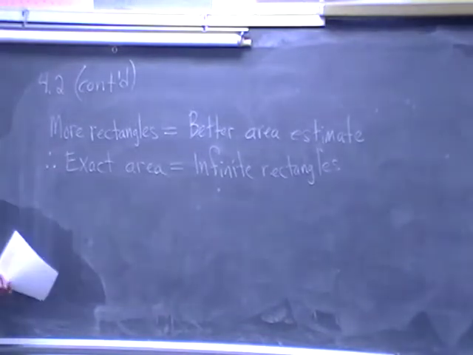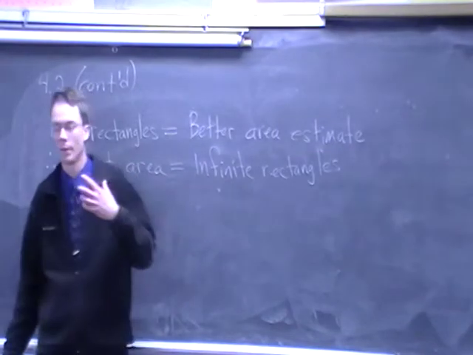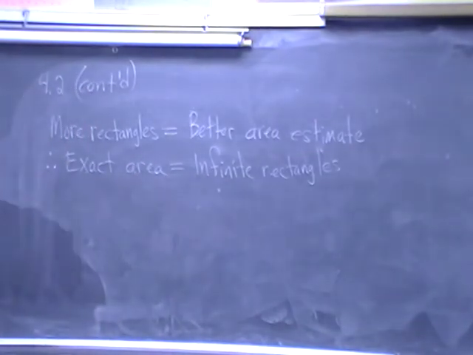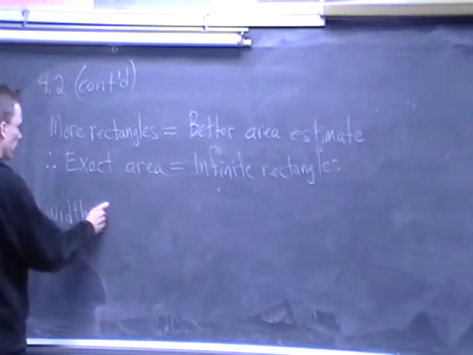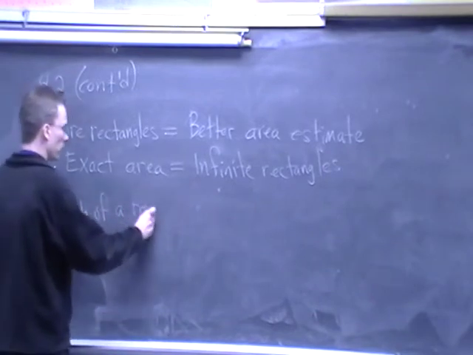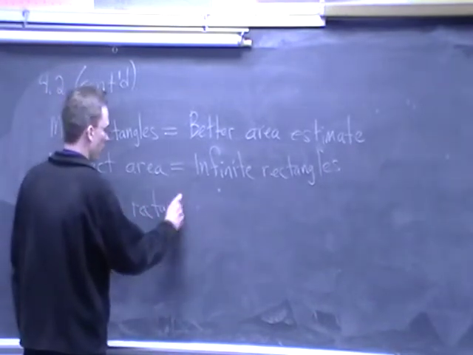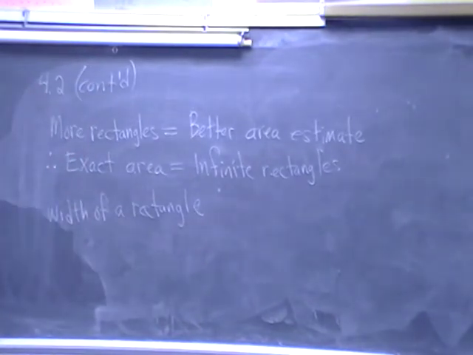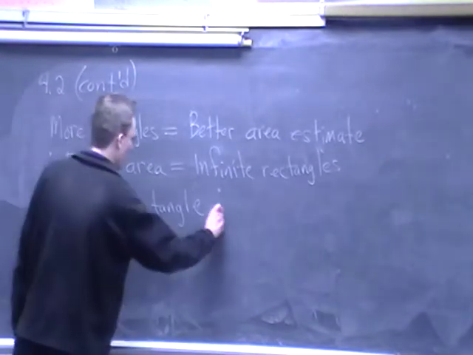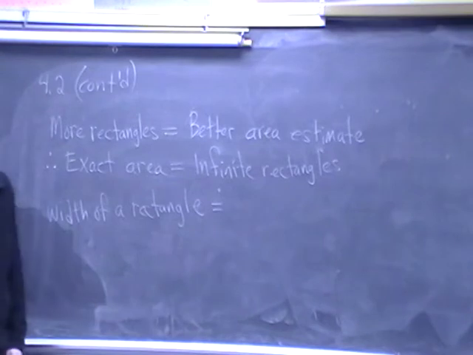So that's what we're going to be doing today. We're going to be using infinite rectangles to get exact values for areas under curves over some interval. Kind of a quick review here. The width of a rectangle in these estimates: to get the width of any one rectangle, what do you have to do?